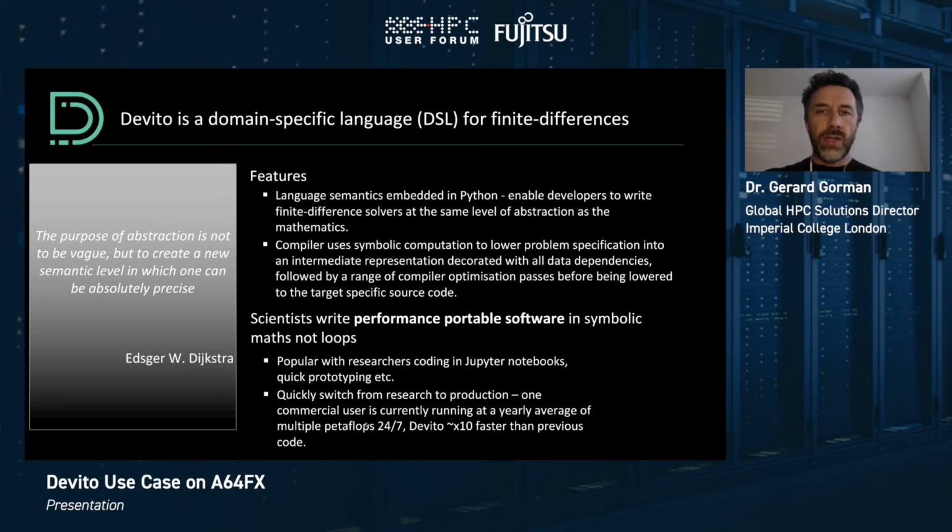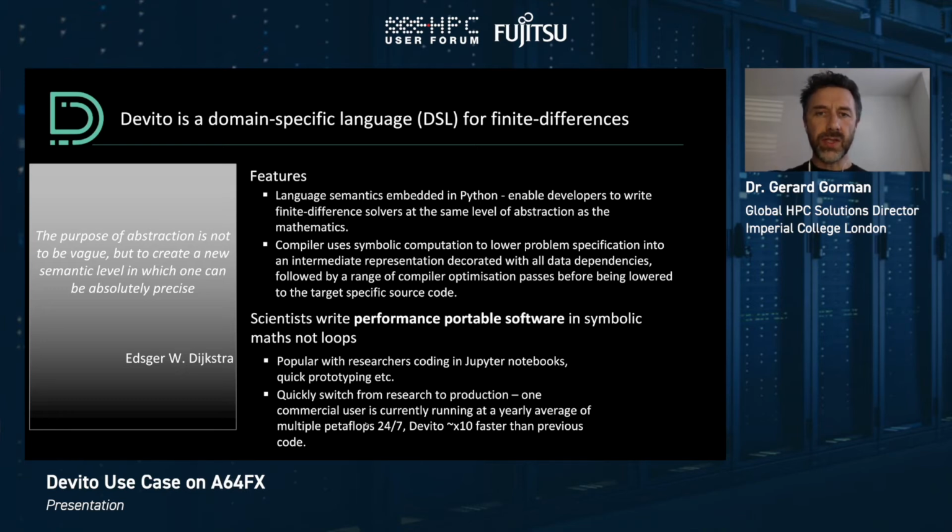So in terms of the features, the key thing and its objective here is to enable developers to write finite differences at the same level of abstraction as the math. In other words, we design a language whose top level of abstraction is the math, plus a few other lines to do some problem specification, as in which sources and receivers and other things you need to set up a real-life problem.